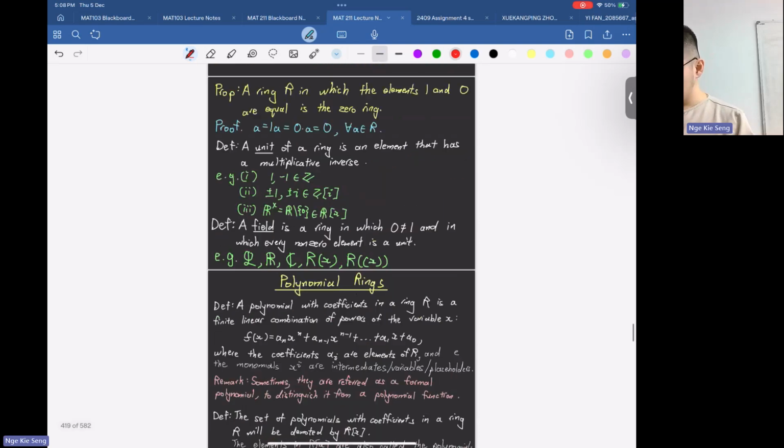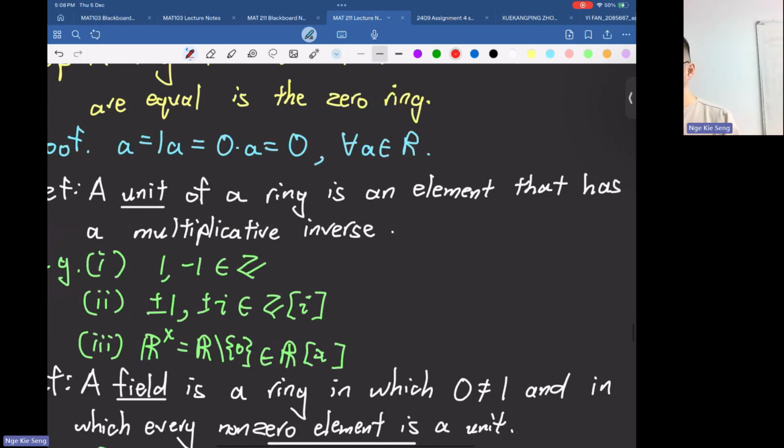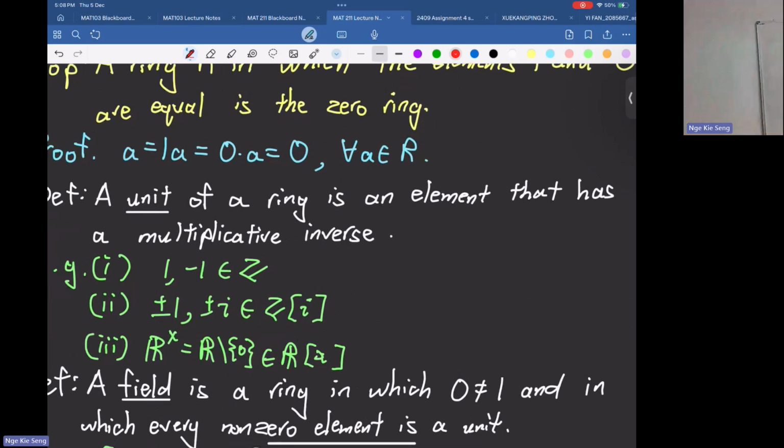Another thing is about this unit here. I say that the non-zero real number here is a unit in the polynomial ring. Can you find something funny in this third line here?